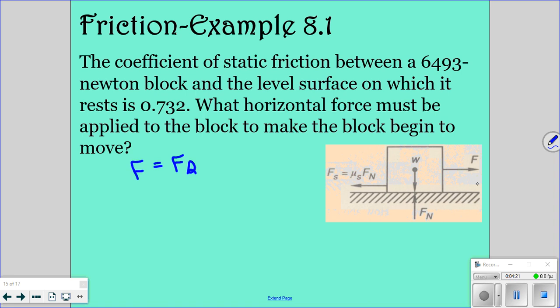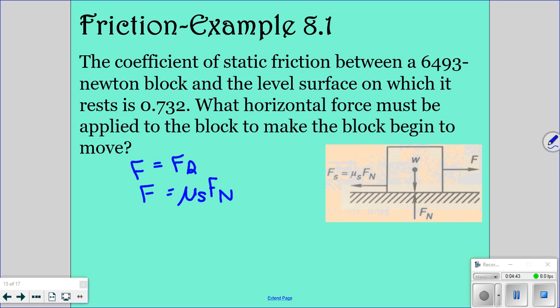Okay? And so we need to know what is going to make it move. Well, F sub s is the same thing as mu sub s F sub n.